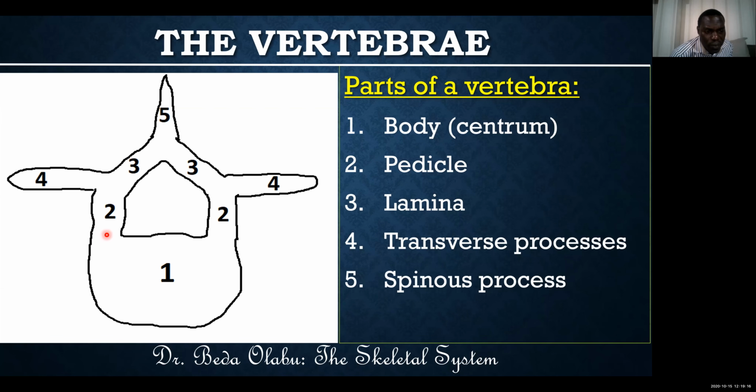Look, from here all the way to here is what we call the vertebral arc or the neural arc. During development, this neural arc comes like this, and this neural arc comes like this. They meet somewhere in the middle, then they form the spinous process.